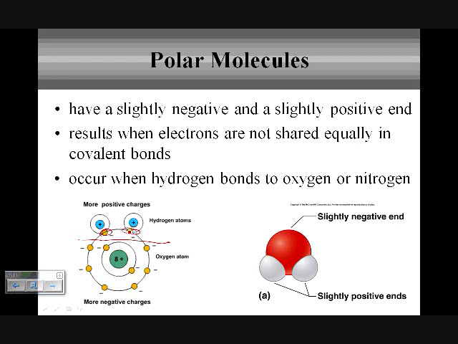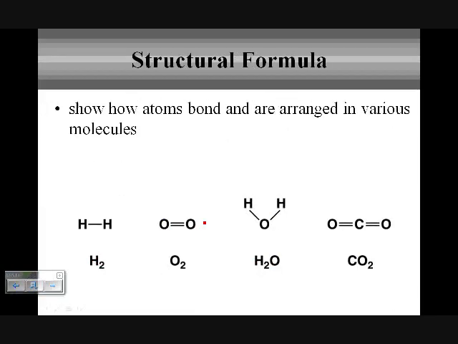But because the electrons are drawn closer to the oxygen, it overall has more negative charges near it, while the hydrogens have more positive charges near them. So that oxygen becomes slightly negative, and these hydrogens are going to become slightly positive. So what we're really talking about is that distribution of the electrons.